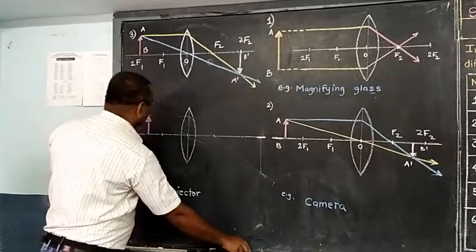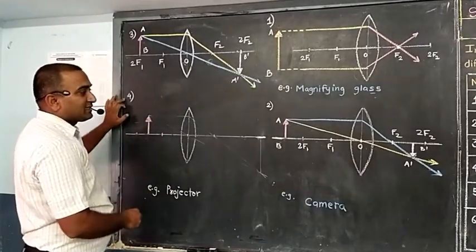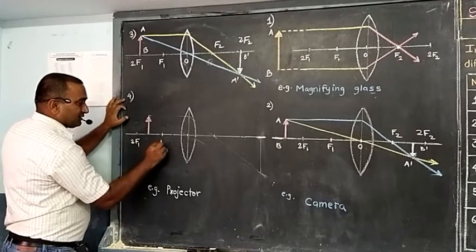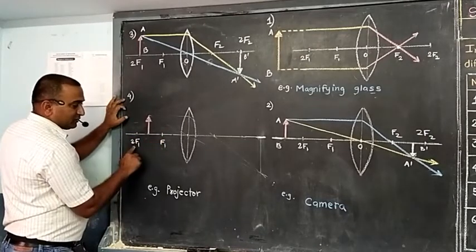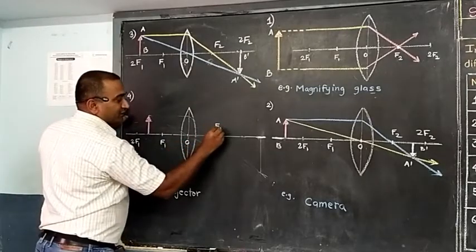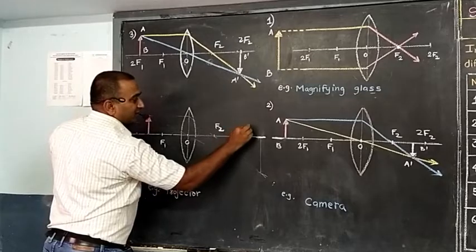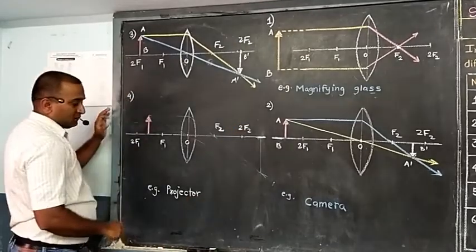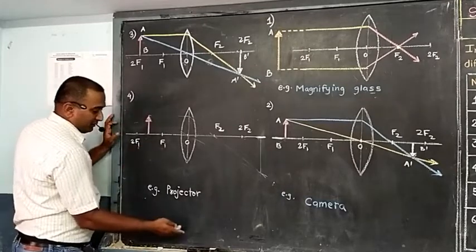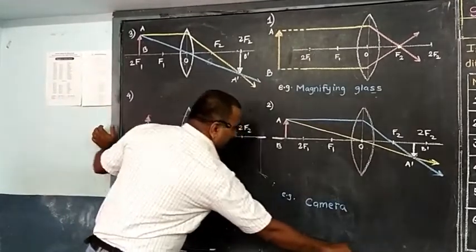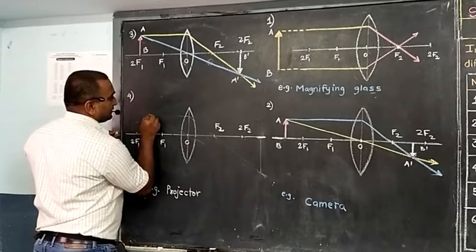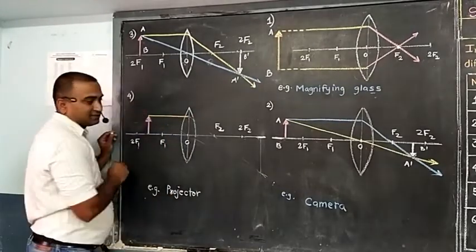The fourth point is here, when the object is between F1 and 2F1. See here, it is F1. Optical center O. This one is F2, and here we have 2F2. The object is placed in between F1 and 2F1. The first ray will pass parallel to the principal axis.